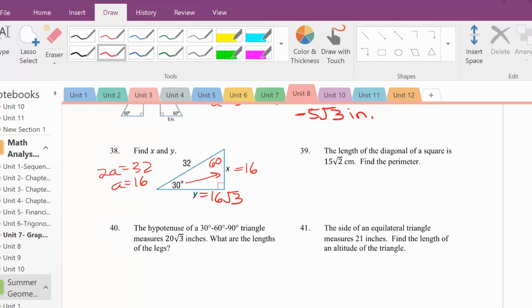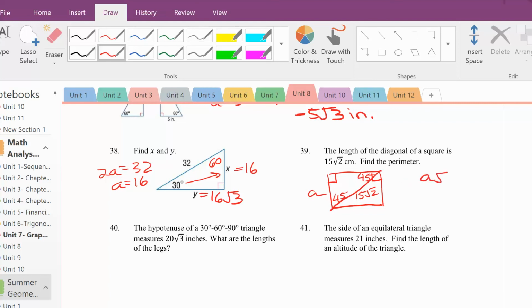39, the diagonal of a square is 15 rad 2. So if you have a square, right, that means you have a 45, 45, 90. The diagonal is 15 rad 2. That's the hypotenuse. So it wants to find the perimeter, so you need to know the length of the side.